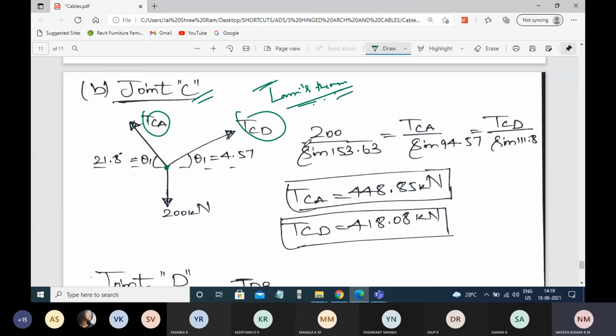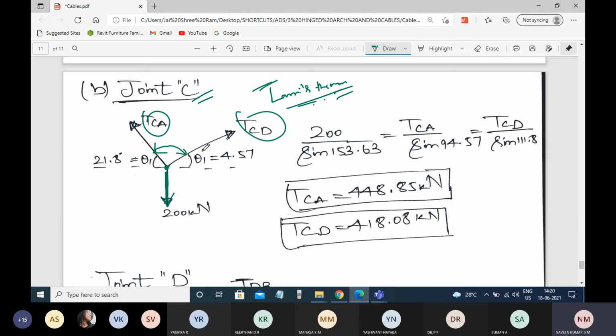Here, the force is proportional to the sine of the angle between the other two forces. Let me consider the force over here, it is proportional to the sine of the angle between the other forces.